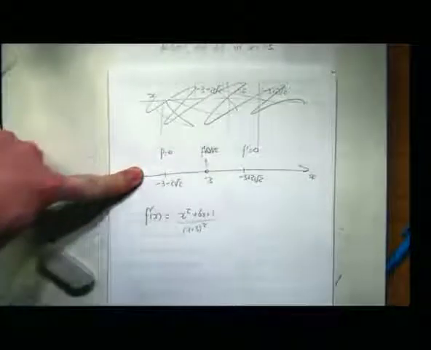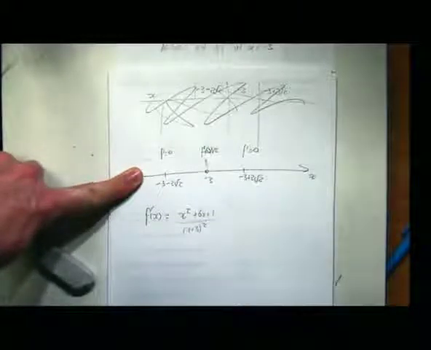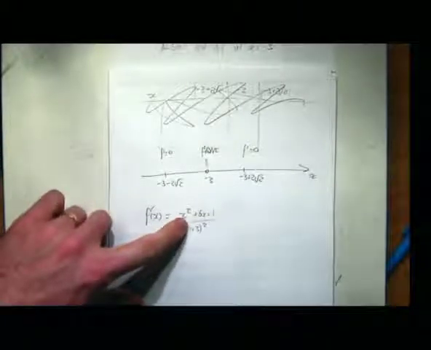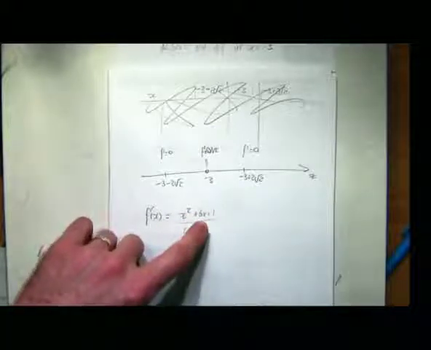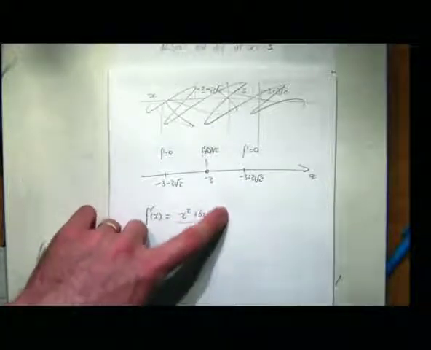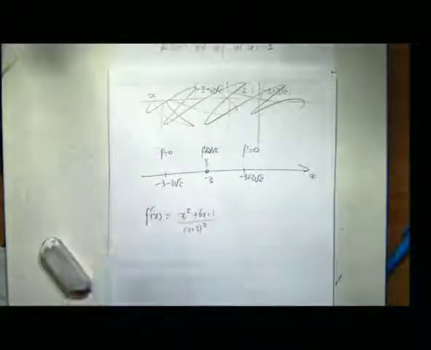When x is sort of large and negative over this side here, so maybe something like minus 10, I'm going to get 100 minus 60 plus 1, so that's going to be a positive number on the top and it's still going to be positive on the bottom, so it's going to be positive.